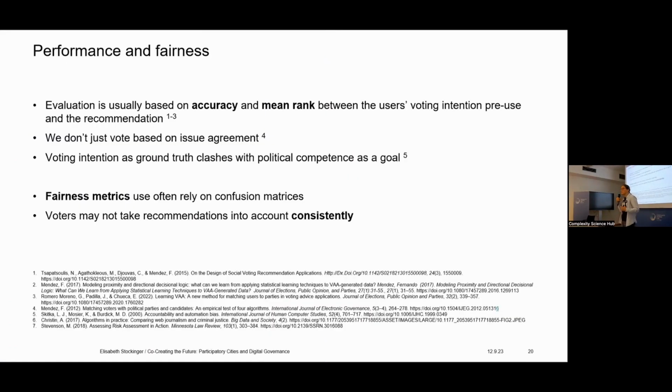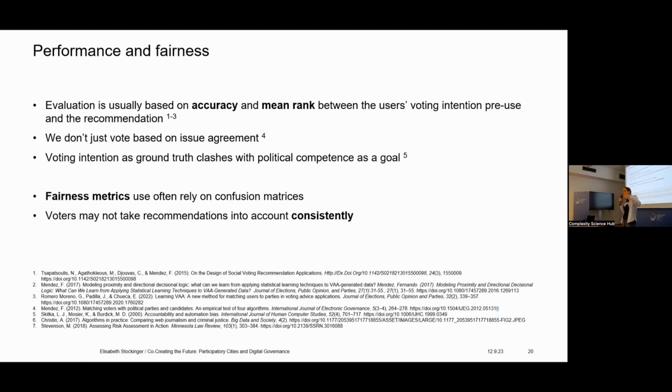And usually what's used to evaluate voting advice applications in the form that they're common now is voting intention. So a user will be asked what they intend to vote before the questionnaire, and if after doing the process in the voting advice application, the output matches the intention, it's considered to be accurate.